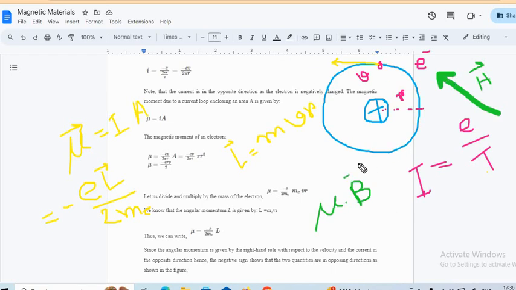Both are vectors, having magnitude and direction, so they will interact with each other. As they interact, a resultant direction will be followed by this particular electron.